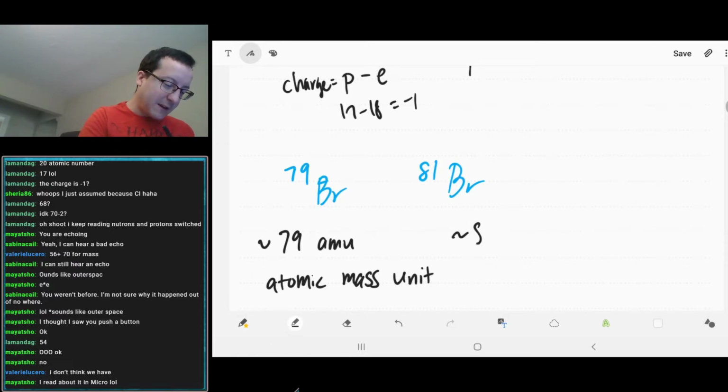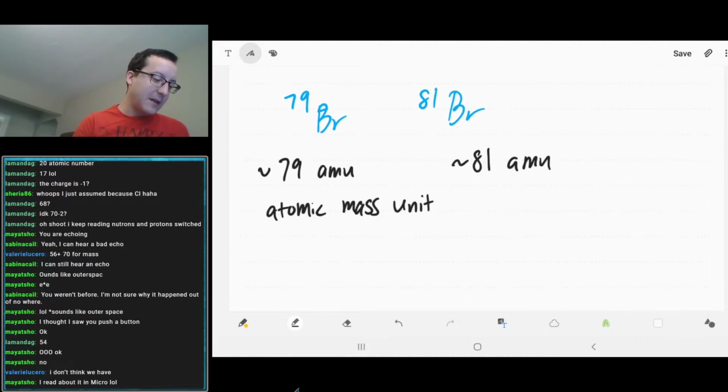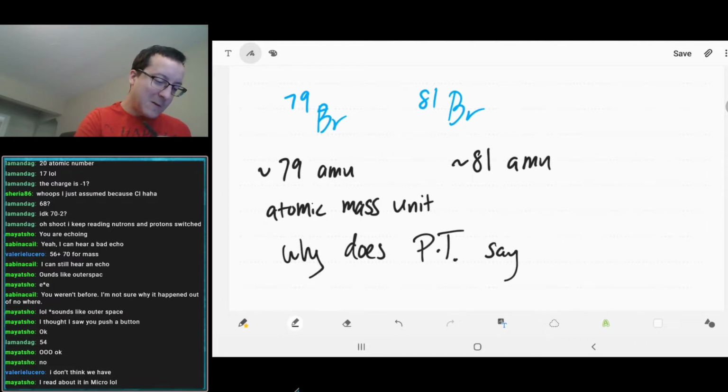And this one is roughly 81 atomic mass units. A lot of the sciences do have overlap, but I'll just teach you it here. We're not going to worry about calculating it, but everyone always wonders, why the heck does the periodic table say 79.904?